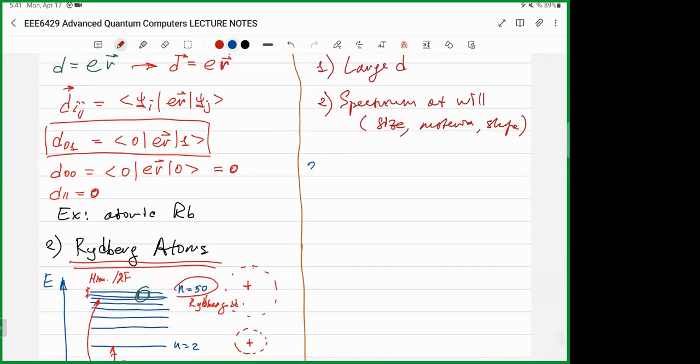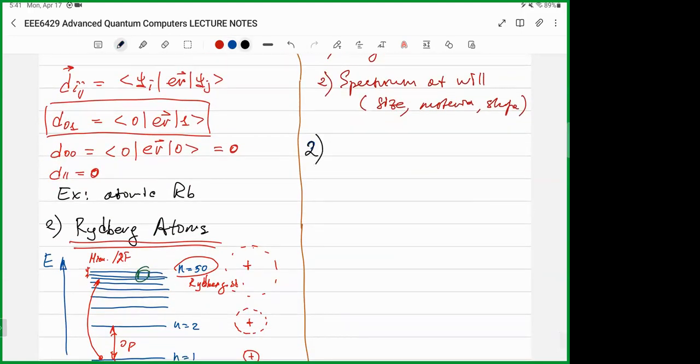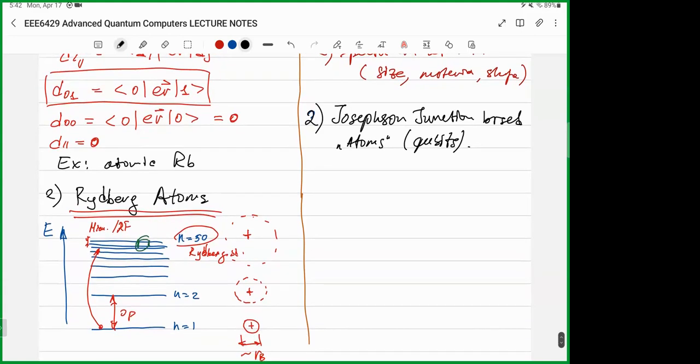And finally, the last type of qubits that I want to discuss here, let's call this Josephson Junction based atoms or qubits, right?